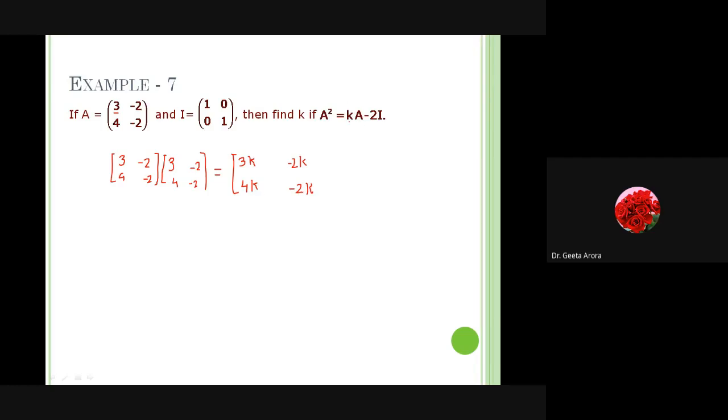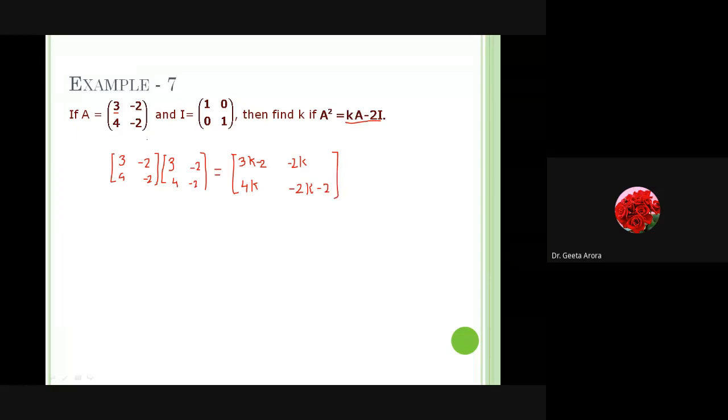Now here again we have one more thing, kA minus twice of identity matrix. Identity is given to me, 1 0 0 1, having the diagonal elements as 1 and all others as zeros. Correct? Now if I have to subtract minus of 2I, it means it becomes minus 2 here and it becomes minus 2 here, because at the other two positions it is 0, so it has no effect.